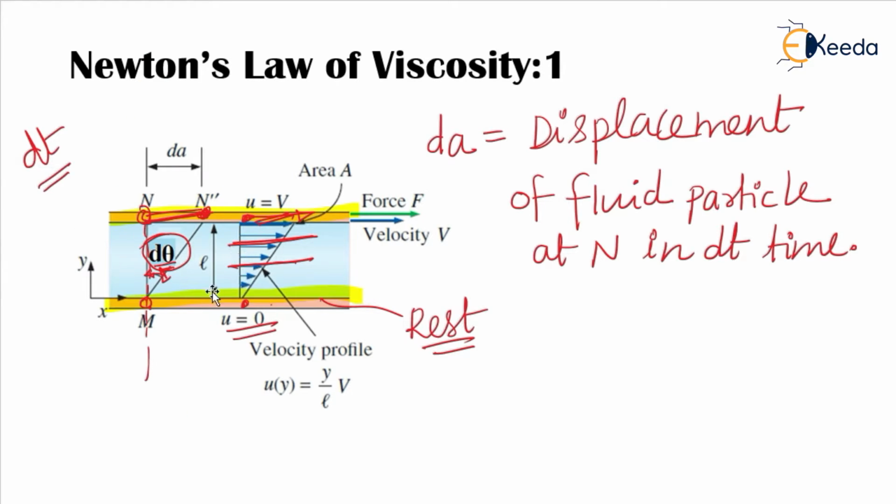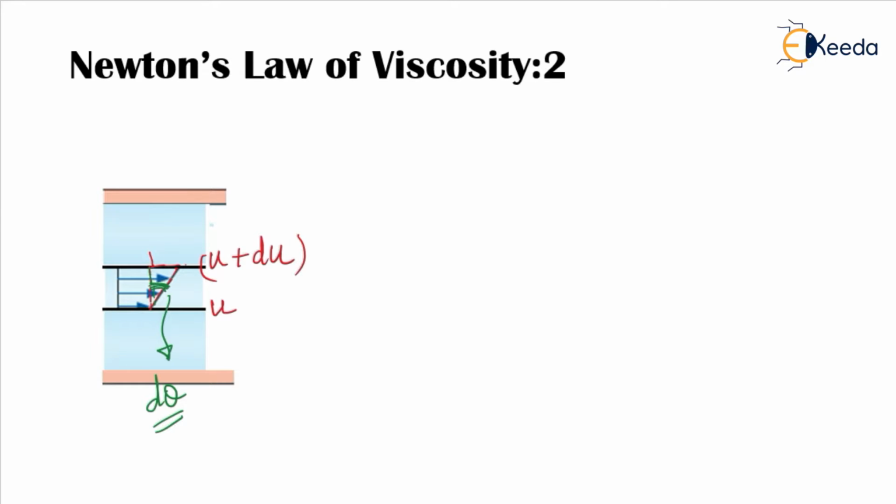Here this is the y-axis, and this gap we can take as dy, and that too at a height y. From this base, this height is y, and after this y height we have this thickness dy.